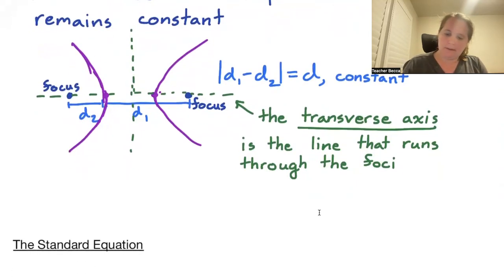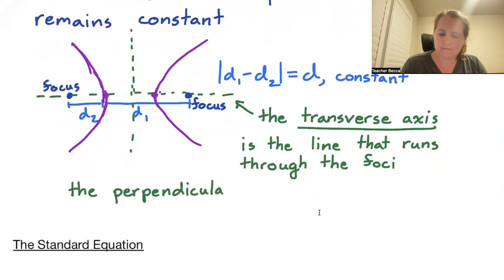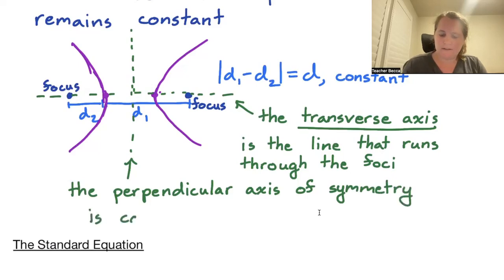So the perpendicular axis of symmetry is called the conjugate axis.